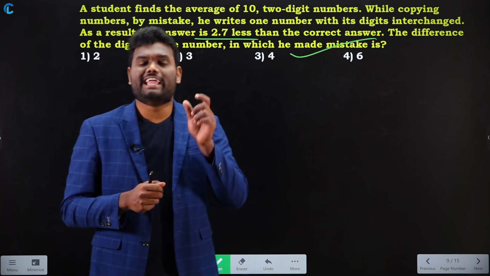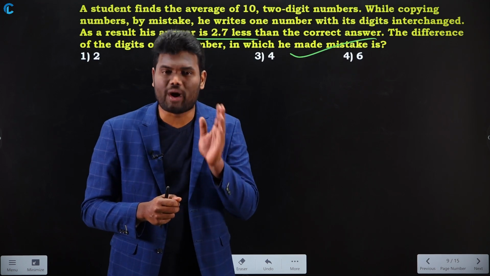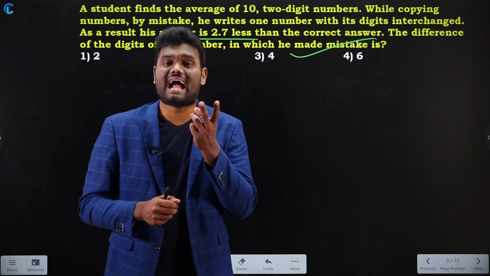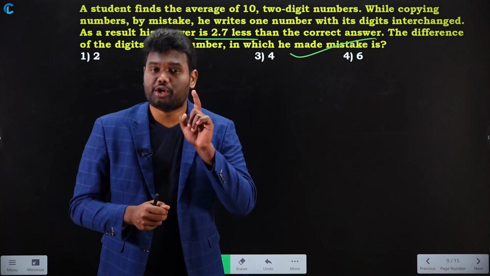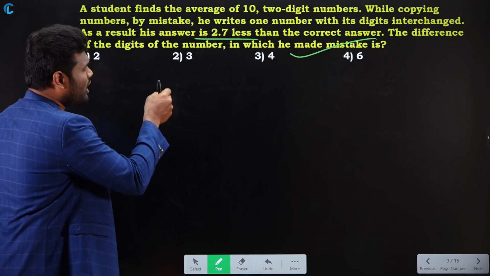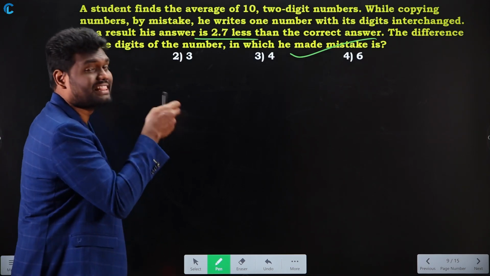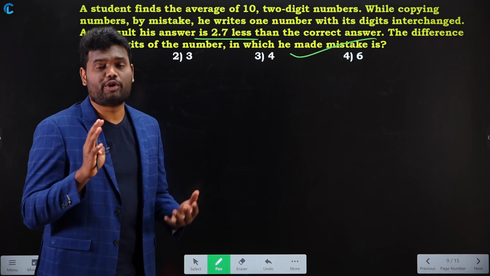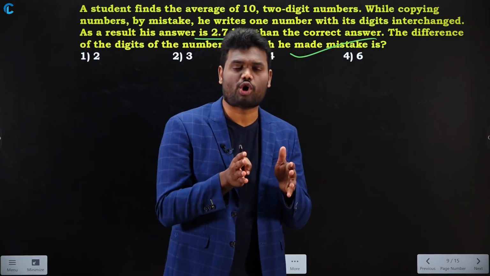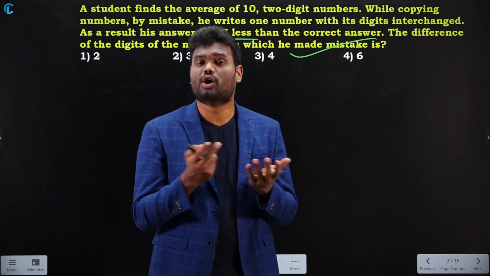Simple example, he needs to write the number 14, but he has reversed it and written 41. Due to this, the answer became 2.7 less than the correct answer. Now your question is, what is the difference in the digits of that number which was entered wrongly?